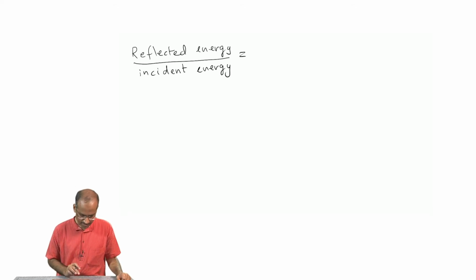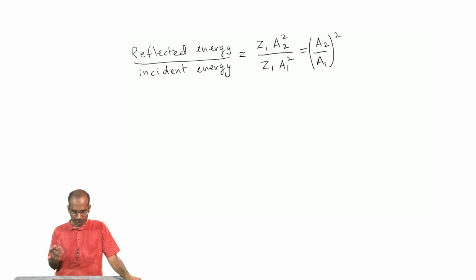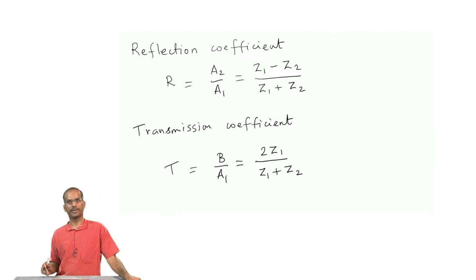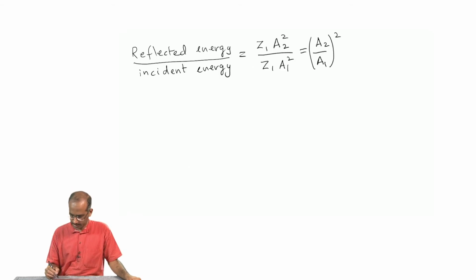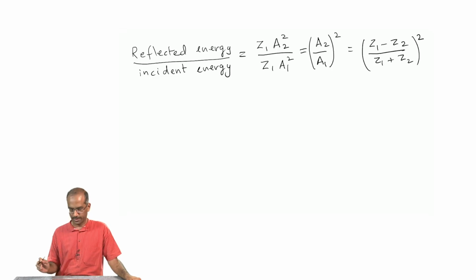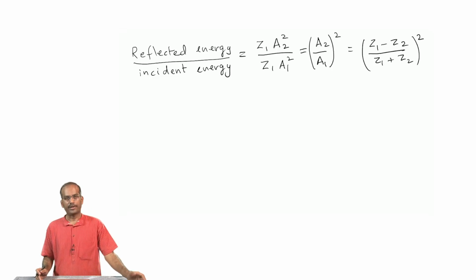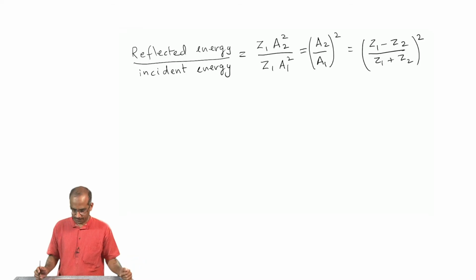Now, we are ready to write everything in terms of energies. So, for example, the reflected energy would be, and we already know this quantity A2 by A1 from here, clearly Z1 minus Z2 divided by Z1 plus Z2 whole square. So, that is the fraction of energy that is reflected back.